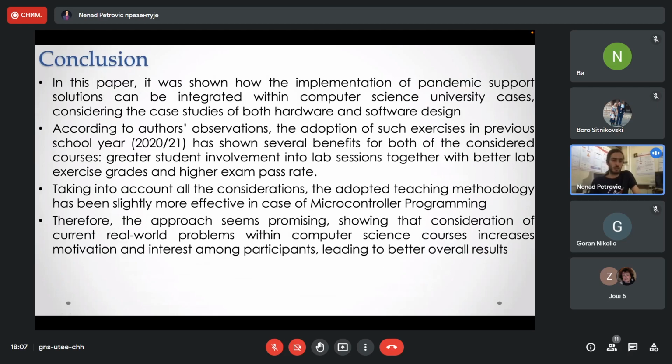Taking everything into consideration, the microcontroller programming course was a bit more suitable for this case, but both courses showed satisfactory results and motivation, showing that computer engineers and other engineers have a very important role in the global battle against this pandemic. Thank you for your attention.